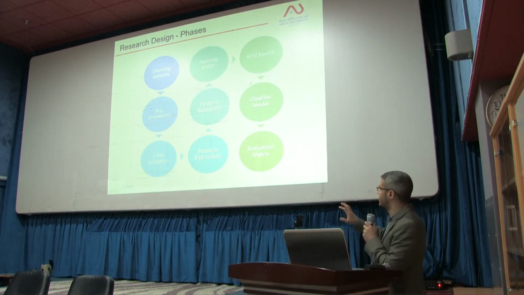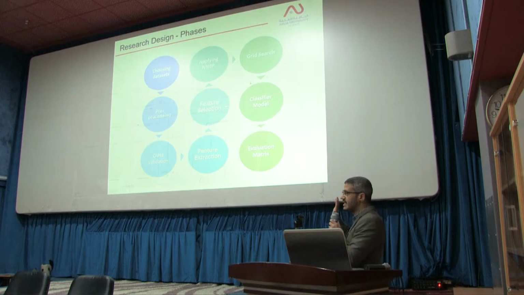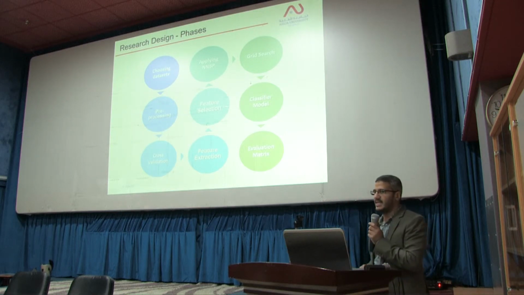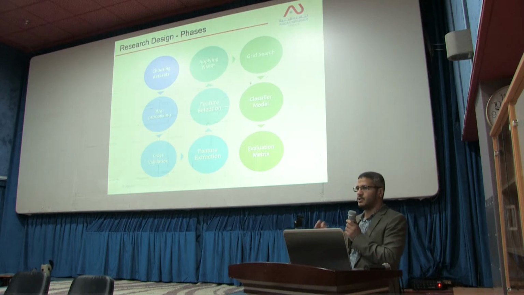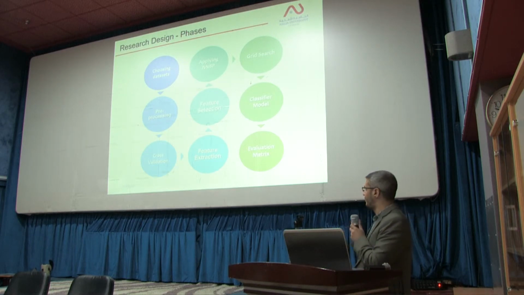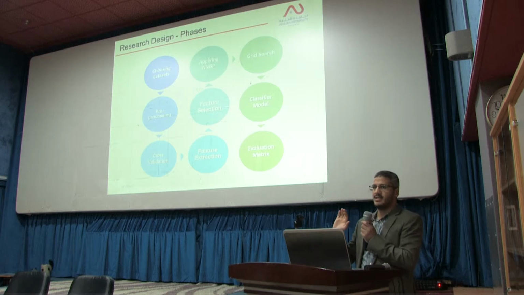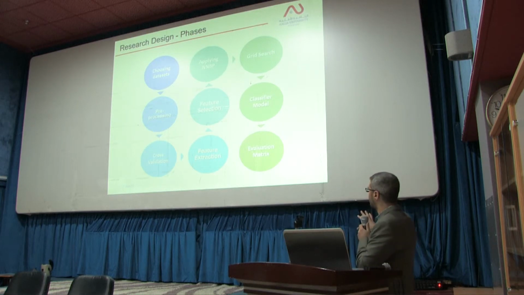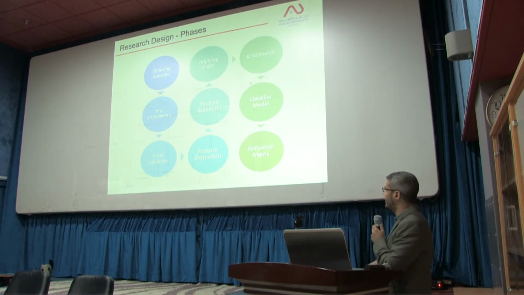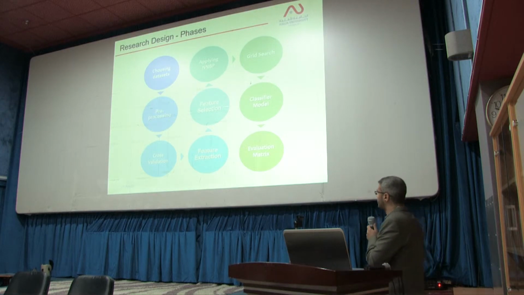Pre-processing, we did a pre-processing for the data sets in 9 steps. We also did a cross-validation for the data set to make sure that the overfitting problem did not occur in our research. And then we extracted the features.